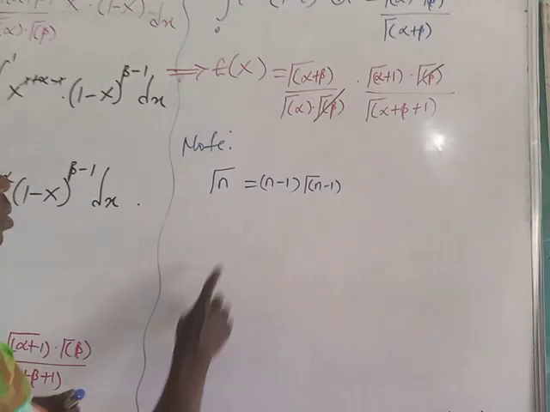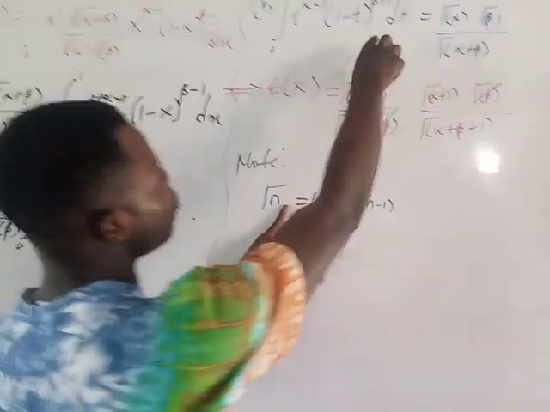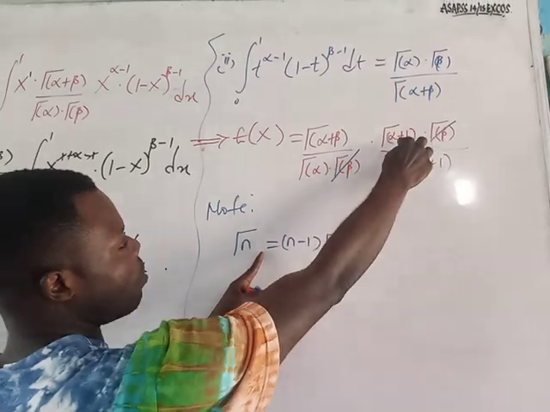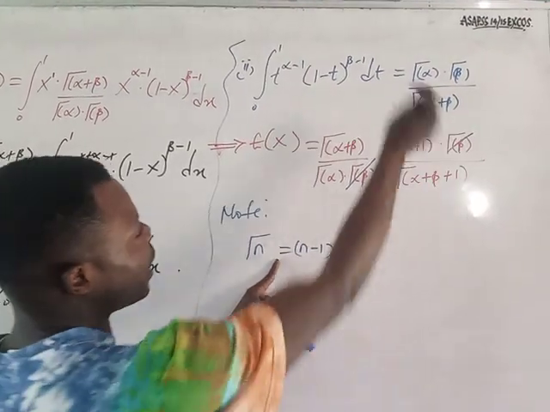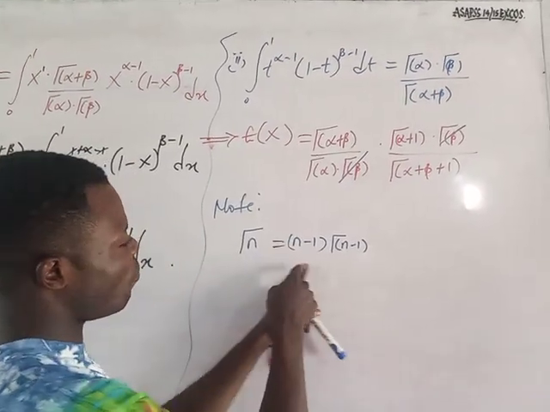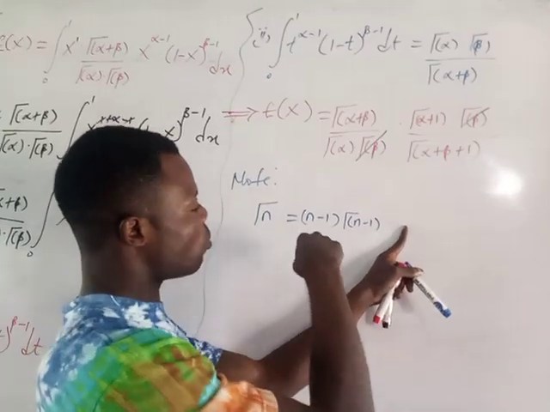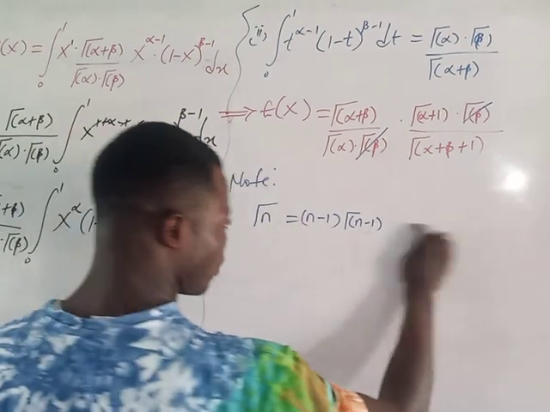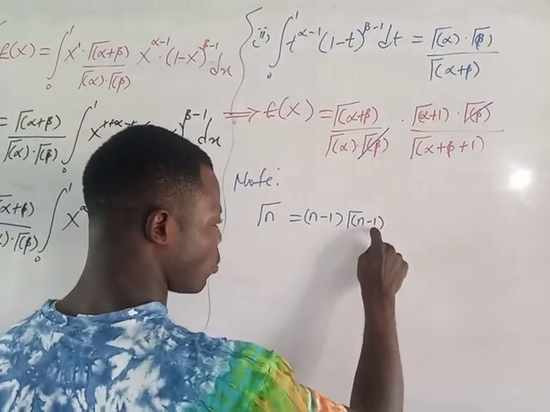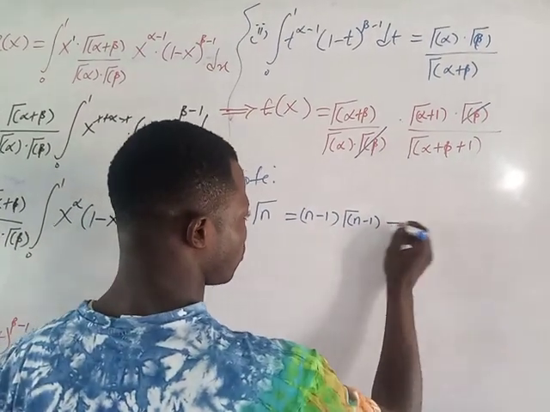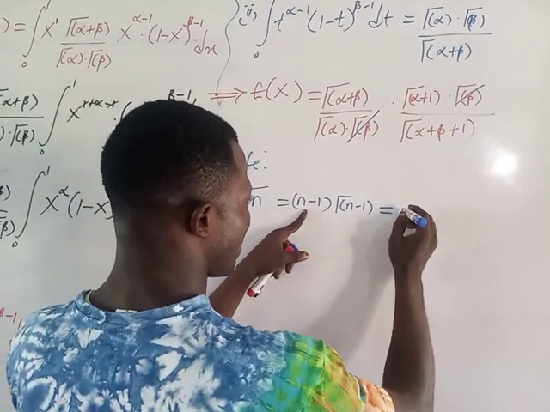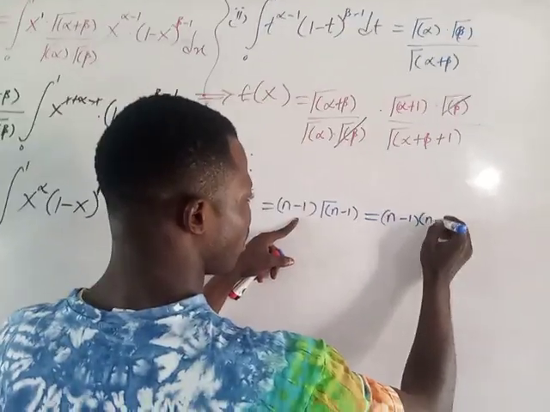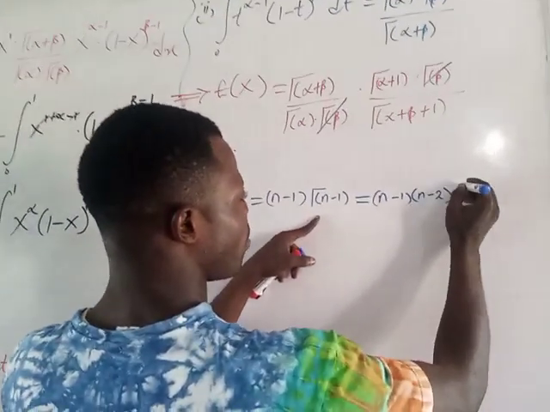It means we are subtracting 1. Here we are adding, if you are transforming it to the gamma function, we are adding 1. But if you want to remove it from the gamma function, we are subtracting 1. That means if you want to go further, this can also be written as n minus 1 into n minus 2 gamma n minus 2.